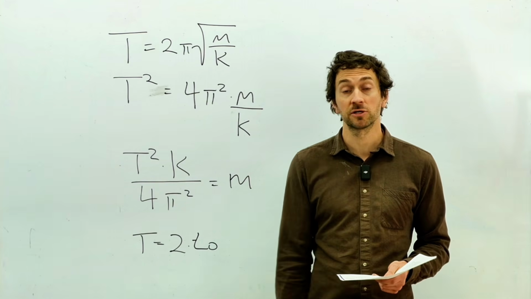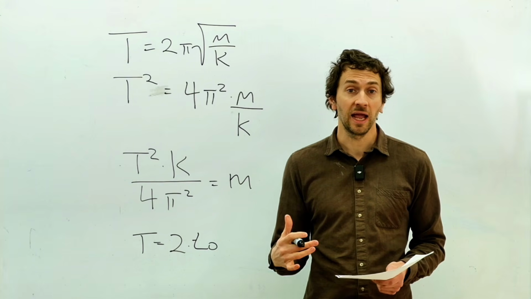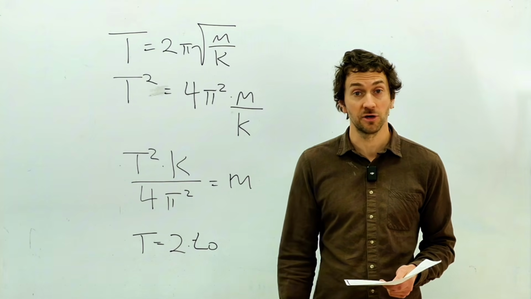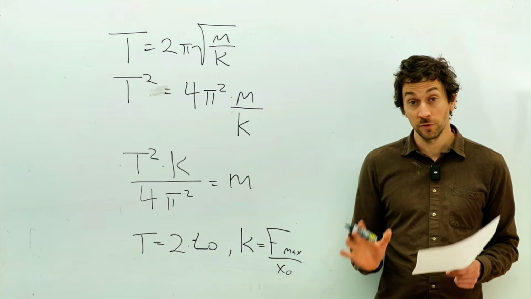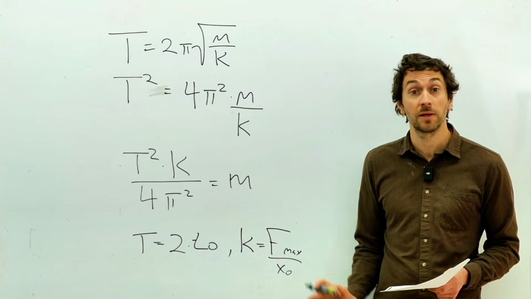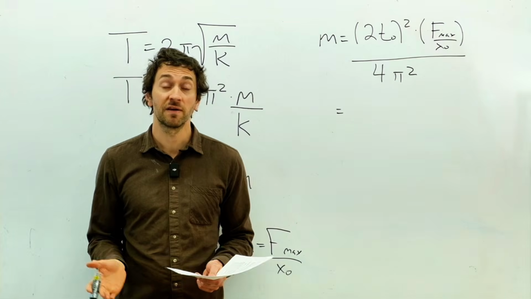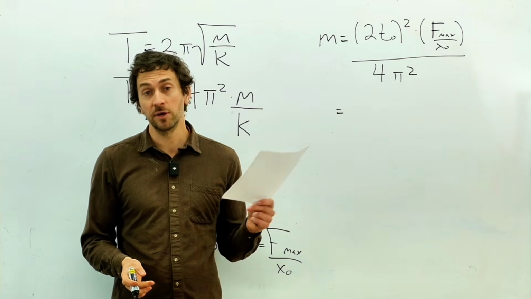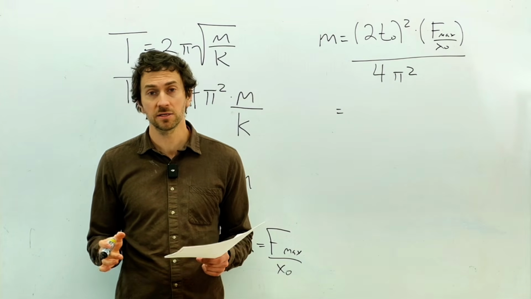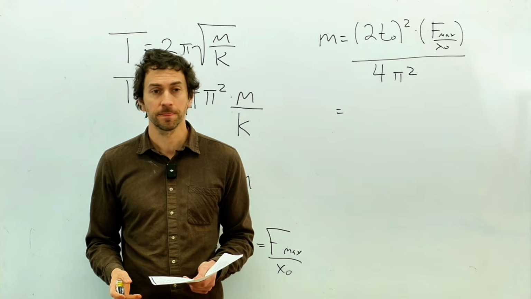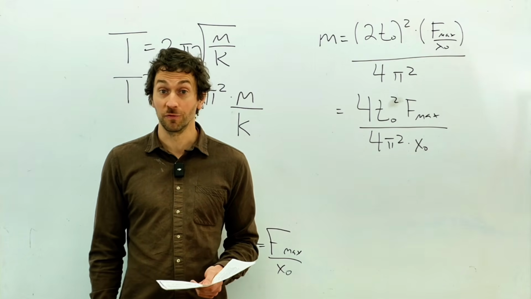And we have an expression for the spring constant. K is F max divided by X naught. So to get this question fully correct, I need to take these two and plug them into my expression of M that I have. Now I just have to do a little simplification. I'm going to square the stuff in the brackets, move the X naught to the bottom, and I can cancel the number 4.